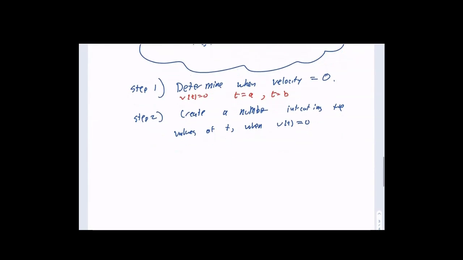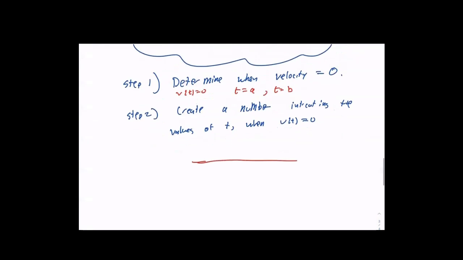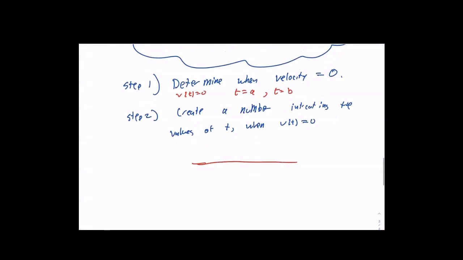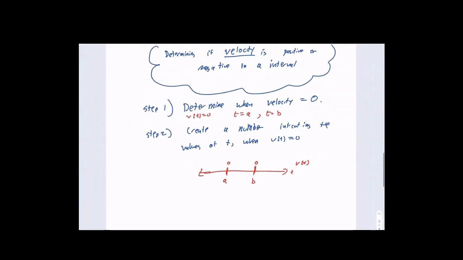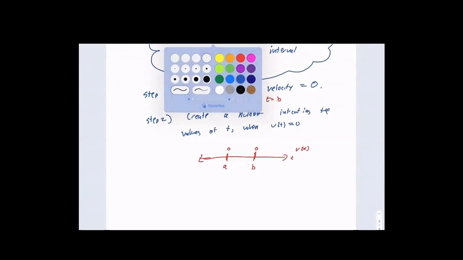The next thing we're going to do is create a number line of the velocity values. So this is t and then the velocity values. And you're going to indicate where velocity is 0, like this. Step 3.